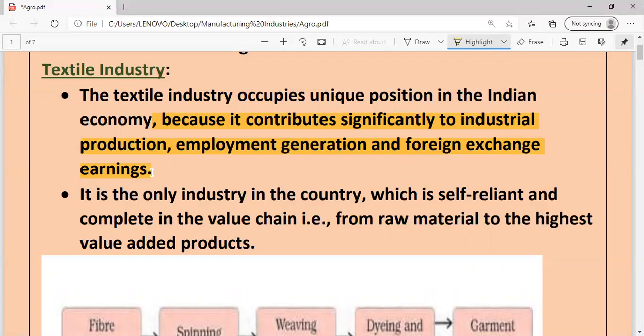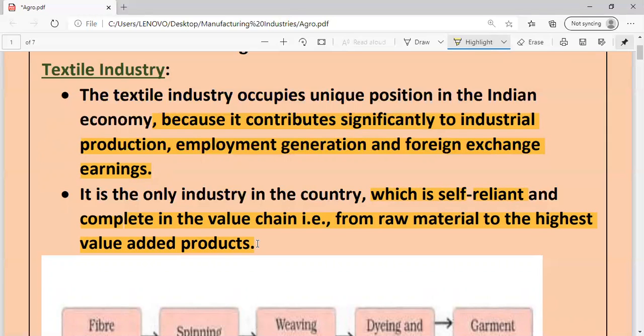Then it is the only industry in the country which is self-reliant, that is self-dependent. It is not depending on others. It is standing on its own and complete in the value chain from raw material to high value added products. That means for raw materials, it is not depending on other countries, and for machineries, everything, it is arranging by itself.